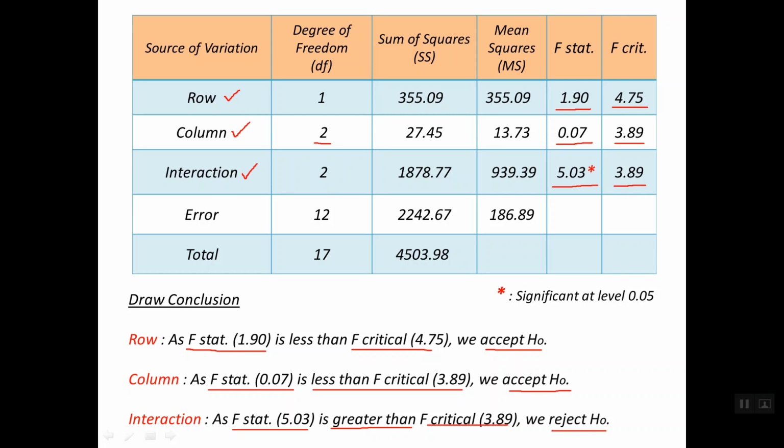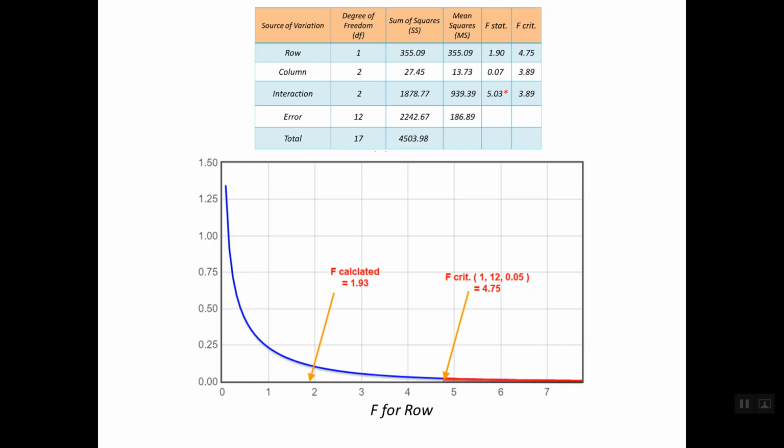Another way to understand these conclusions is by exploring these figures. What we have here is the F distribution curve for the first factor, which is for 2 degrees of freedom, which are 1 and 12. So for the degrees of freedom 1 and 12, this is the shape of the F curve.